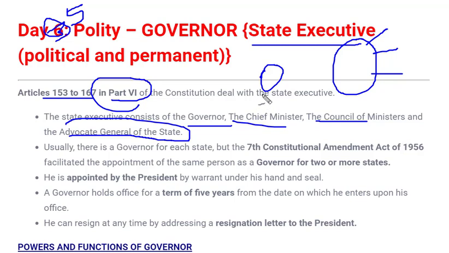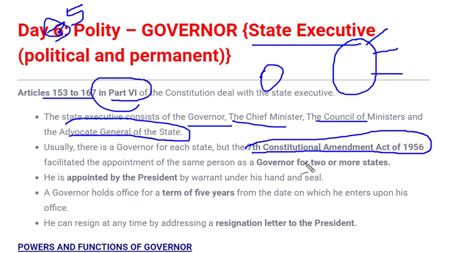Earlier, at the beginning of the Constitution, it was mentioned that each state should have one governor. But after the 7th Constitutional Amendment of 1956, it was provided that the same person can be appointed as governor of two or more states. It's not necessary that one governor should be there for every state. Instead, a single person can hold the position of governor of two or more states.